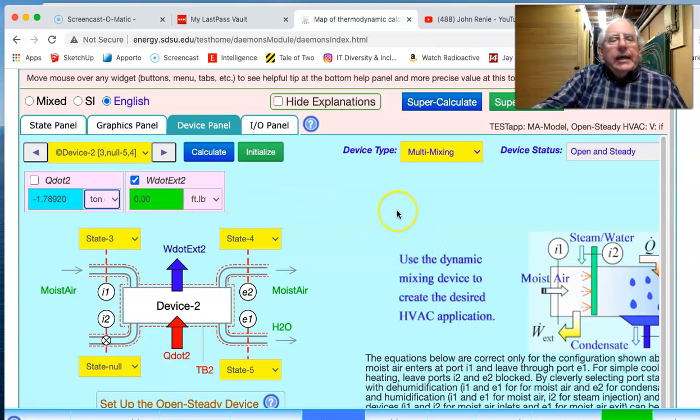Okay, so that then, for this, that is the cooling capacity in tons. As we went through the conditioning unit and came out with the relative humidity and a cool stream, and also the condensate came out.